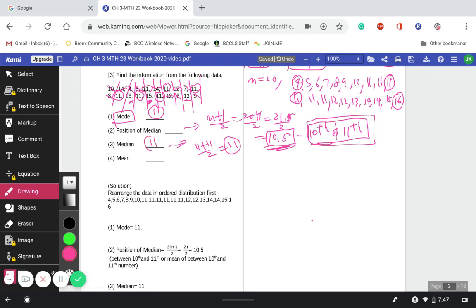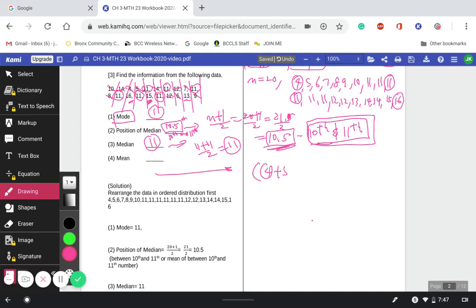So 11 is the median, and again, it's a 10.5, or you can say 10th and 11th. Either one is fine.